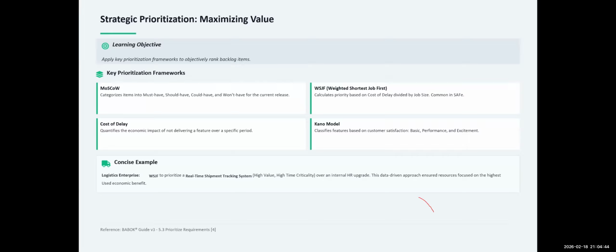So when we have features or items that need to be delivered, we look at which one, if you deliver it today, based on your customer segmentation, they'll be wowed, they will love it. As one guy used to say, they will love it and they will like it so much.